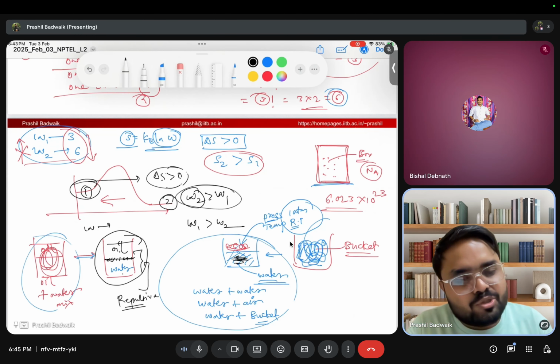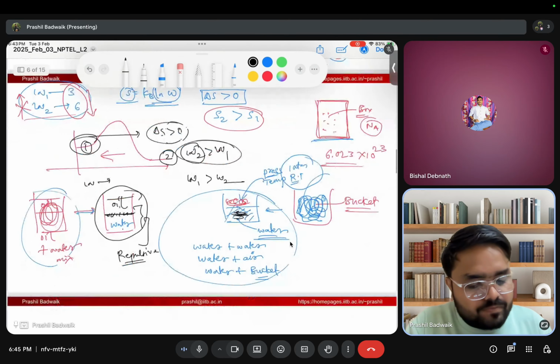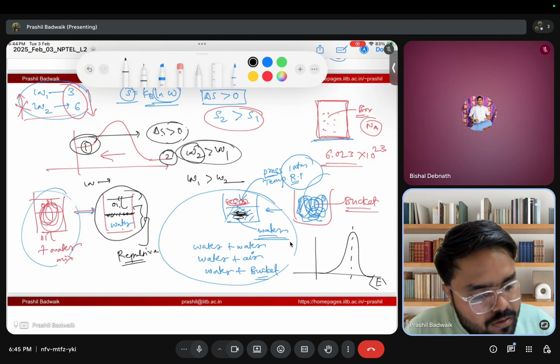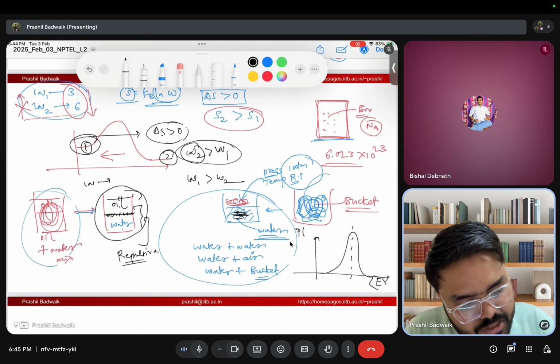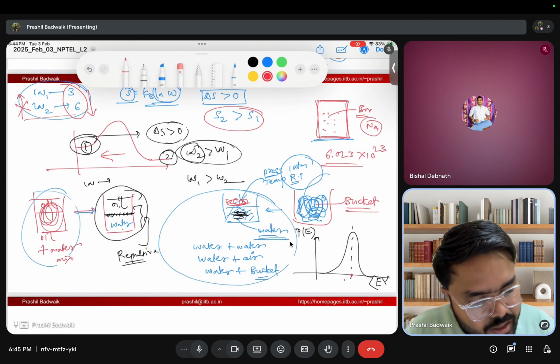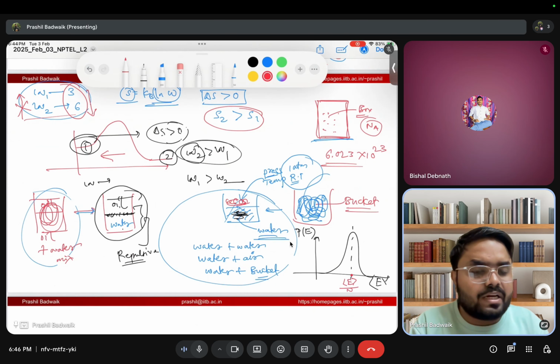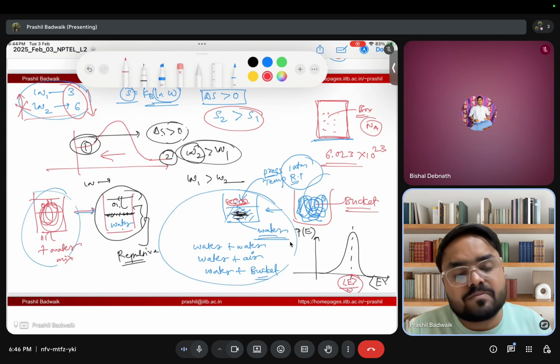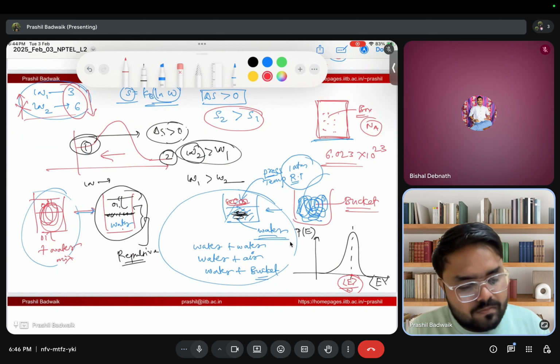And the distribution will look something like this. This is the energy versus the probability of having that energy. This is the mid value where the energy is basically the average energy, correct. Average energy is calculated by the total energy divided by the number of molecules, correct.